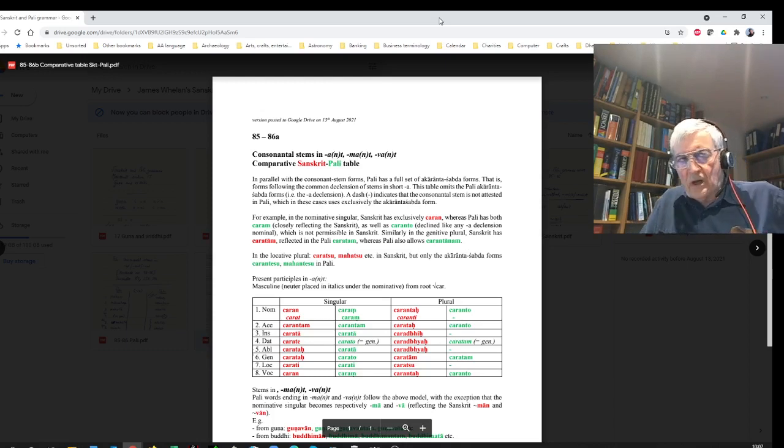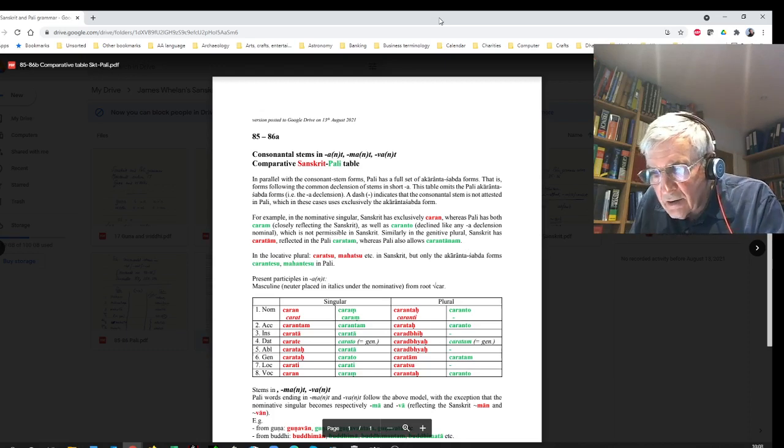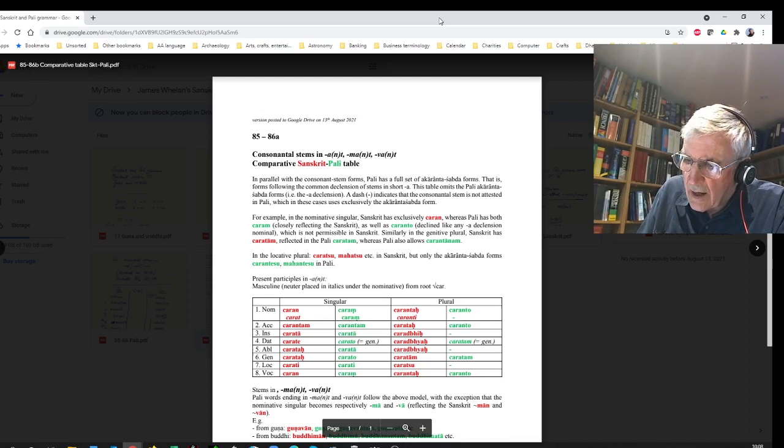Note that's a short a there. If it were an a declension nominal, then charanto in the singular, the plural would be charantāḥ, with a long ā and visarga, but it's not. It's charantaḥ.